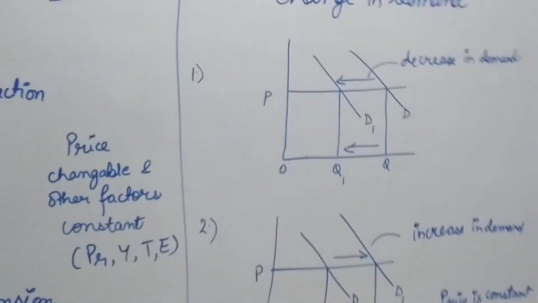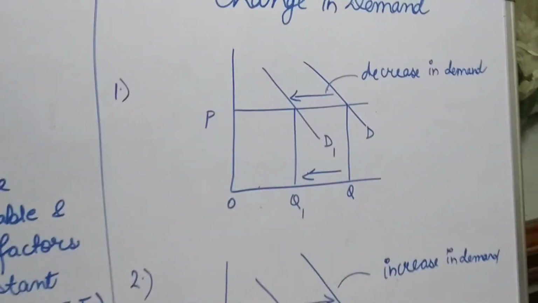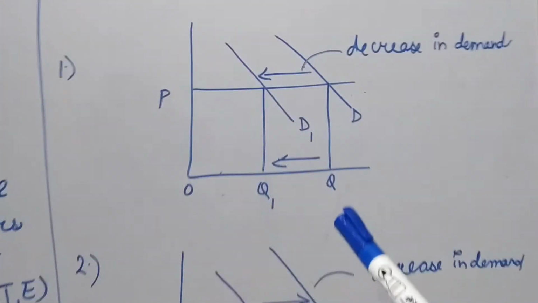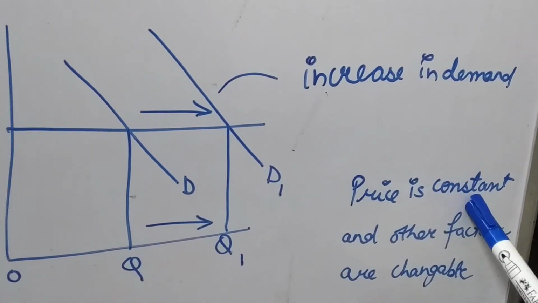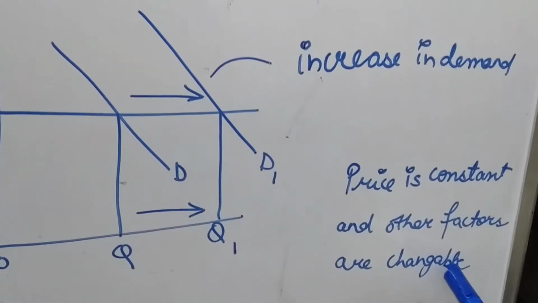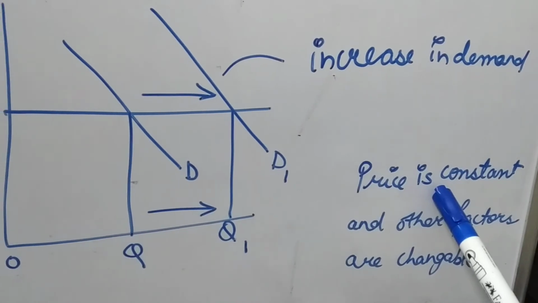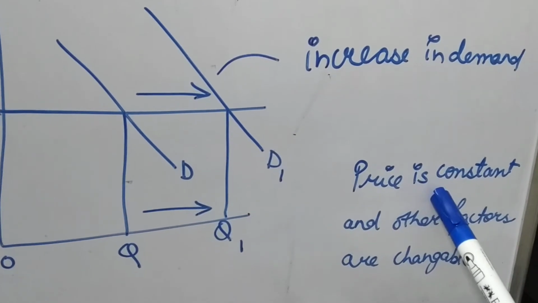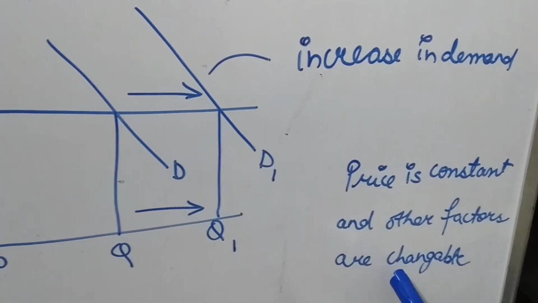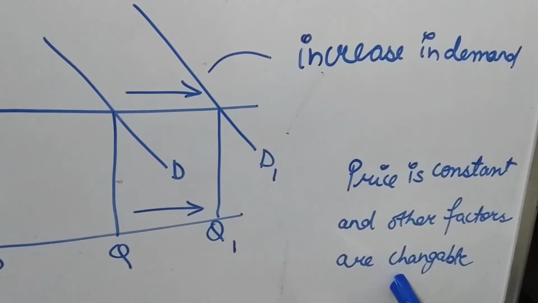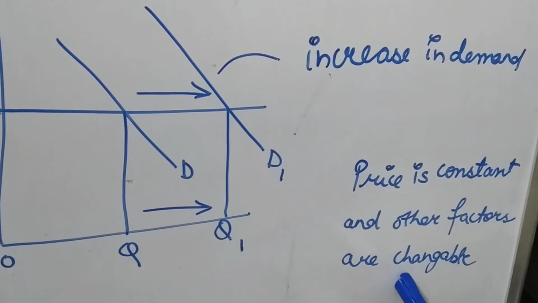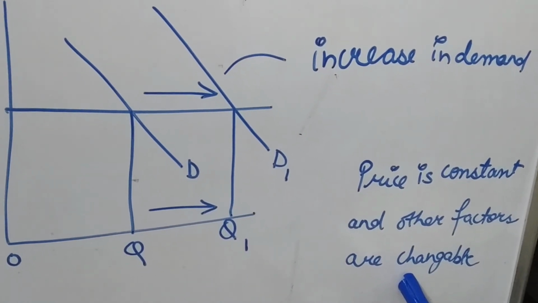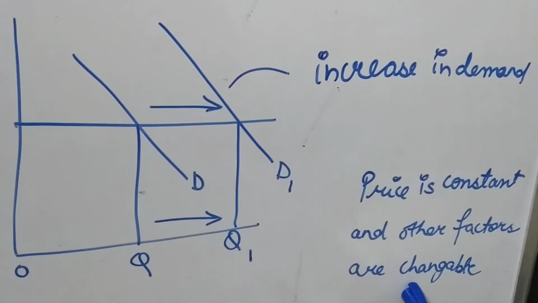After that, now come to the change in demand situation. Here the exact meaning is where the price is constant but other factors are changeable. Now price will not increase or decrease, but if other factors like price of related goods, income, taste and preference, or future expectation change, then we can say there is a change in demand.